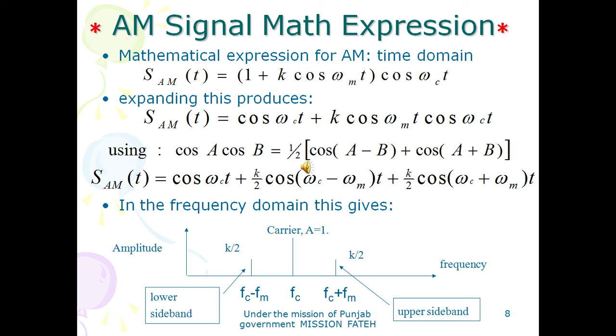This is the expression in time domain, but in frequency domain, it is as shown in the figure. Fc minus Fm is the lower sideband, Fc plus Fm is the upper sideband, K by 2 is the amplitude of the upper sideband and lower sideband, which is the same, and Fc is the frequency of the carrier signal, and the amplitude of the carrier signal is equal to 1.